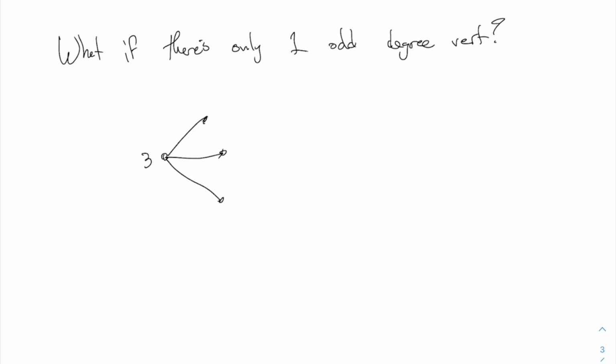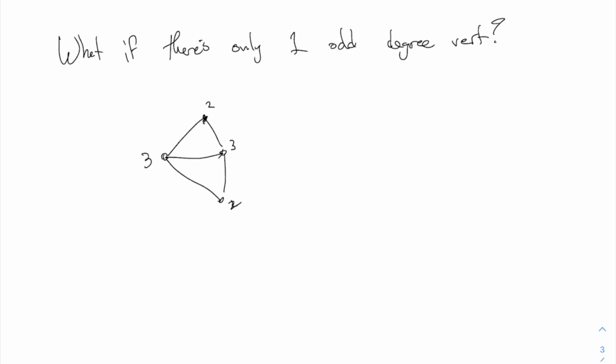The others are all degree 1, so I'm going to try and connect them up. Actually, now this is a 2, that's a 3, that's a 2. Anybody see how I could modify this to make it so that they're all even except for 1? That's what I want. Only one odd.